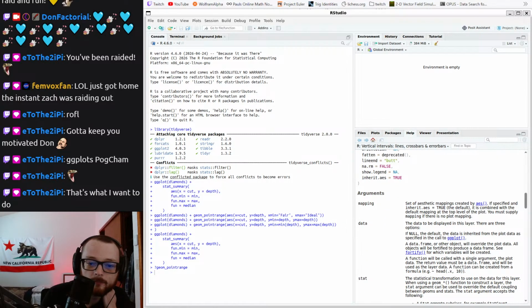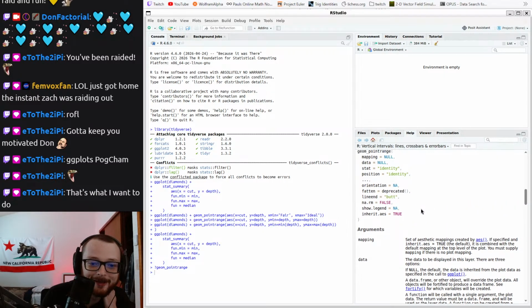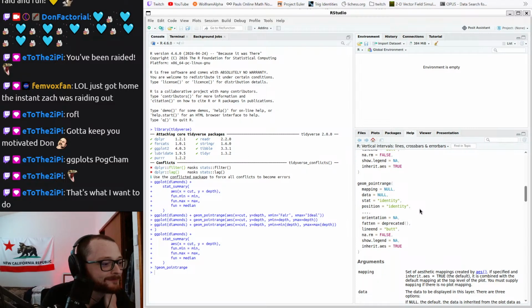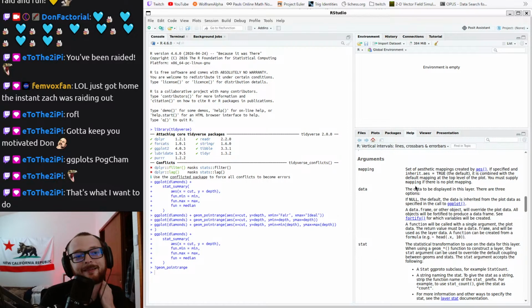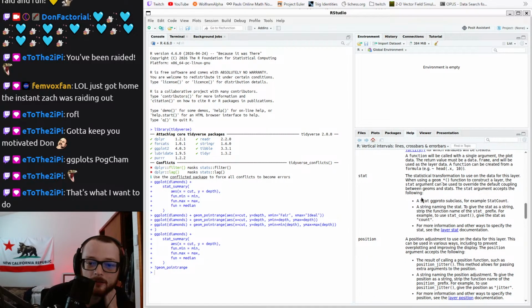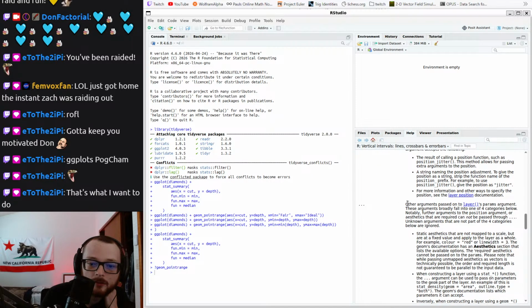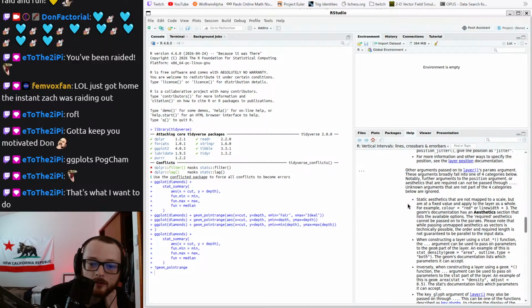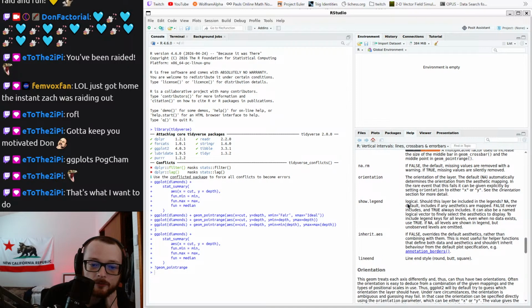I think line end equals but. Okay. Trying to find.